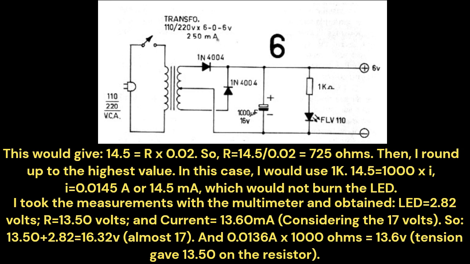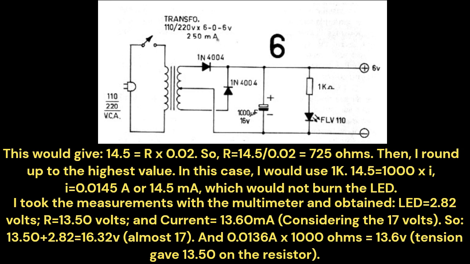Then I round up to the highest value. In this case, I would use 1K. 14.5 is equal to 1000 times I, so I equals 0.0145 amperes or 14.5 milliamperes, which would not burn the LED. I took the measurements with the multimeter and obtained LED equals 2.82 volts, R equals 13.50 volts, and current equals 13.60 milliamperes, considering the 17 volts.